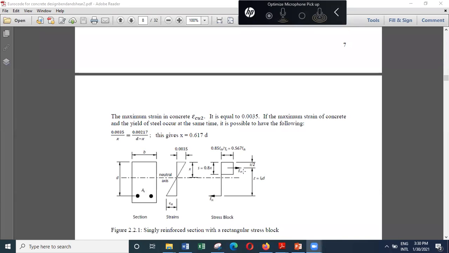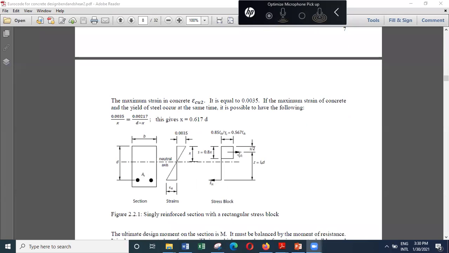So we can also find the value of FCC. FCC will be equal to 0.567 FCK, and that comes from 0.85 FCK over gamma C, where gamma C is 1.5. So when you divide 0.85 by 1.5, you will end up with 0.567. So that is the concrete strength, meaning stress in concrete in newtons per millimeter squared.